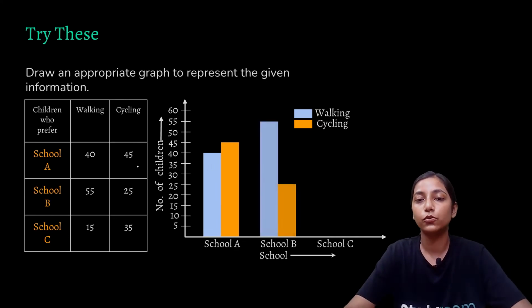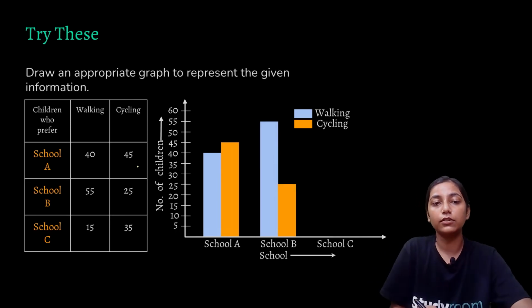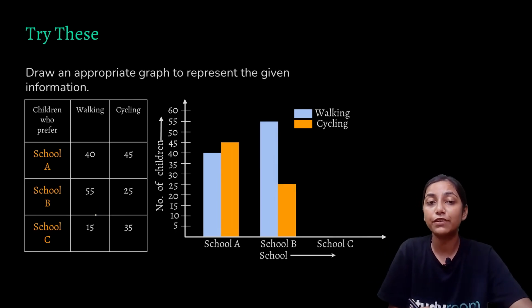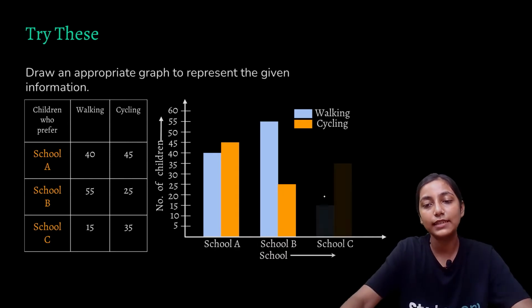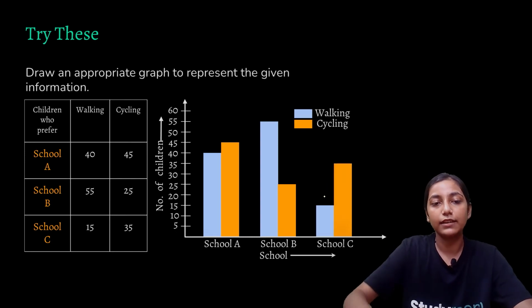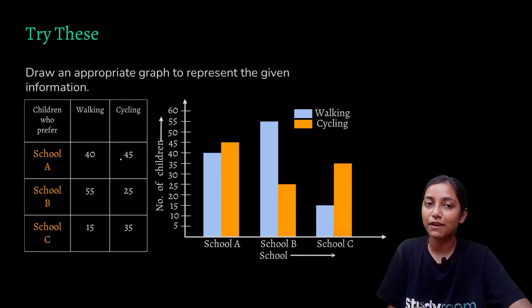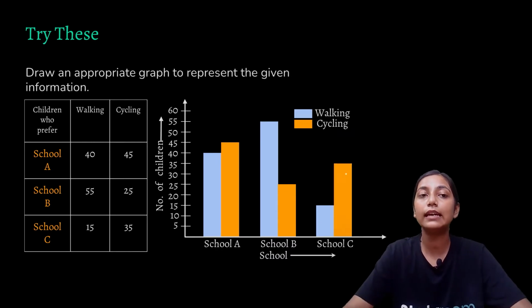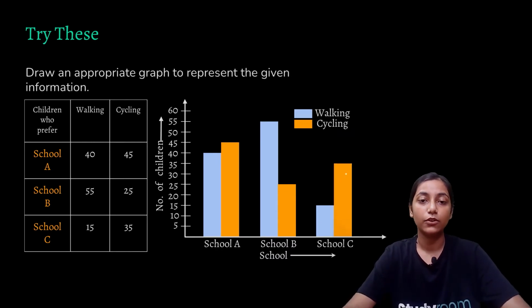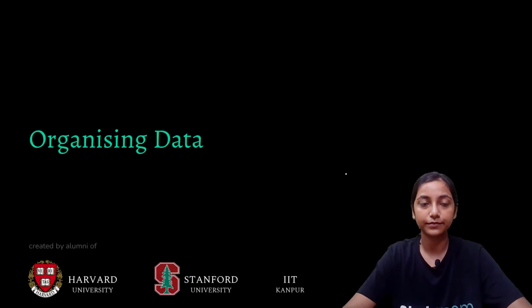Similarly, you can do for school B, in which 55 students prefer walking, while just 25 students prefer cycling. Similarly, you can draw for school C as well, where 50 students prefer walking and 35 prefer cycling. This is how you can make this double bar graph to represent these two sets of data.